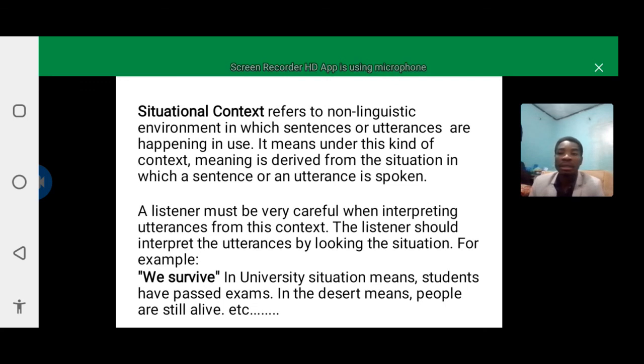For example, someone can say, "We survive." So, "we survive" can have different meanings when used in different contexts. In a university situation, when students say "we survive," it can mean that they have passed the exams.